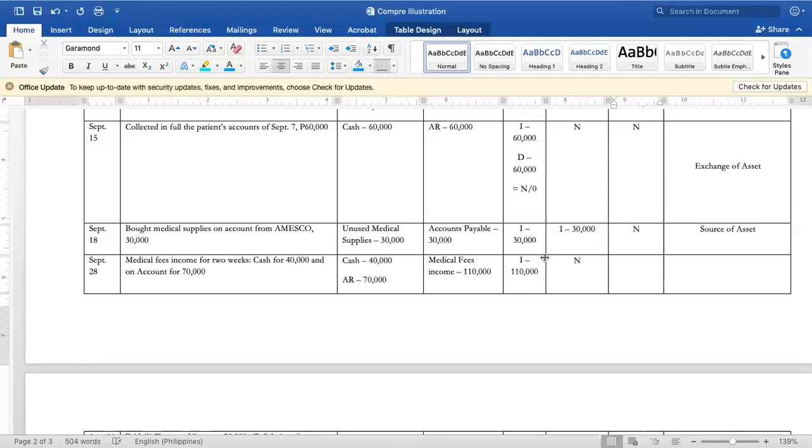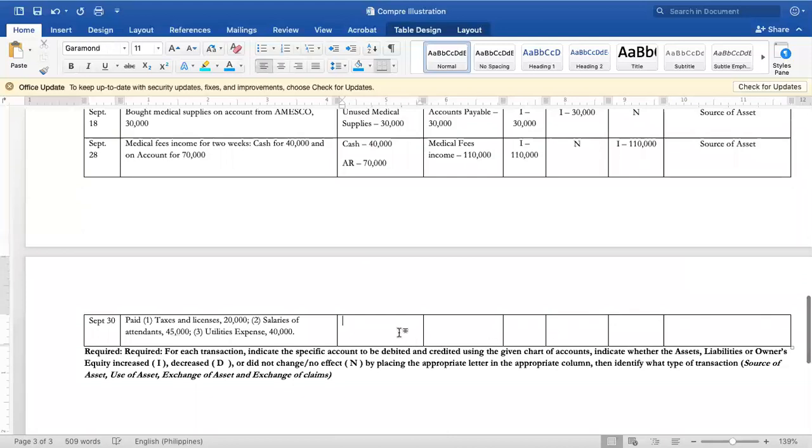Since we credited an income account, the normal balance of income is credit, so it will increase your total income account. At the same time, it will increase the owner's equity balance because the normal balance of owner's equity is credit. So, that's an increase of 110,000. What type of transaction? Increase in asset, increase in owner's equity, so it's still a source of asset type of transaction.